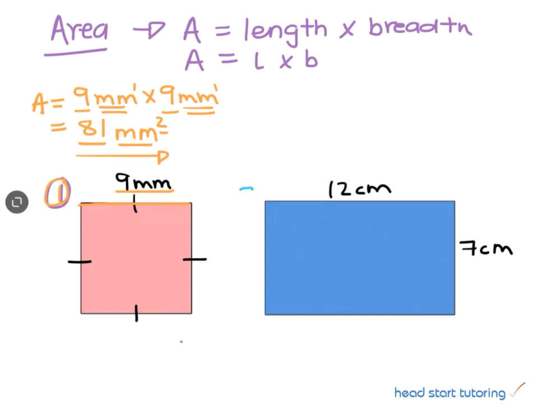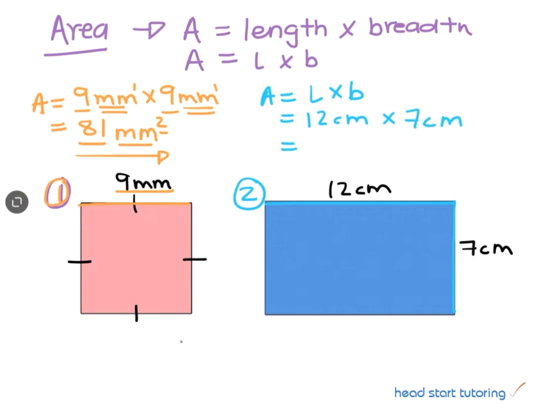Let's have a look at this rectangle over here. Again, the area for a rectangle is length times breadth. So what do we need to do? We need to identify where the length is, which is the longer side there. So our length is 12 centimeters, and we are multiplying our 12 centimeters by our breadth, which is the shorter side, which is 7 centimeters.